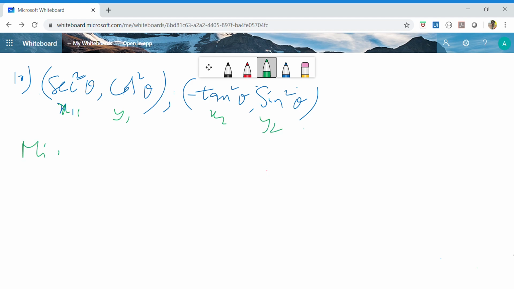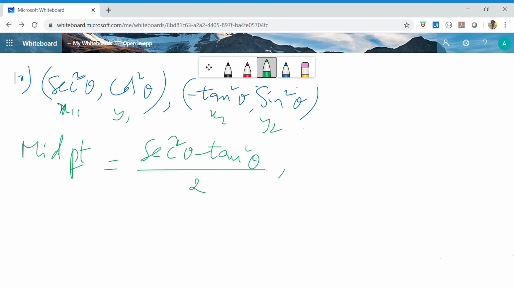So the midpoint is (x1 plus x2) by 2, that is secant square theta minus tan square theta, because minus tan square is given, by 2, and (y1 plus y2) by 2, so cos square theta plus sin square theta by 2. Secant square theta minus tan square theta is 1, an identity.